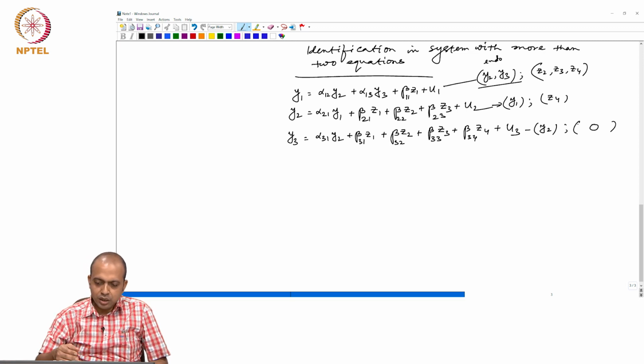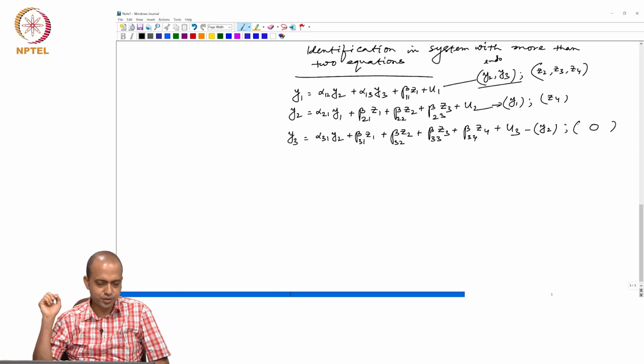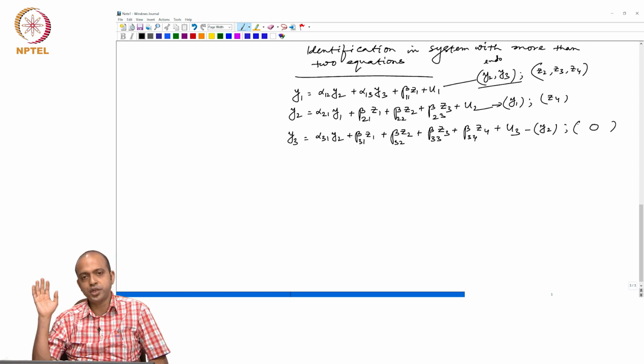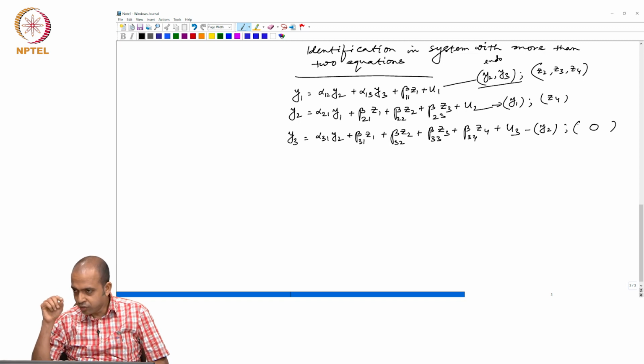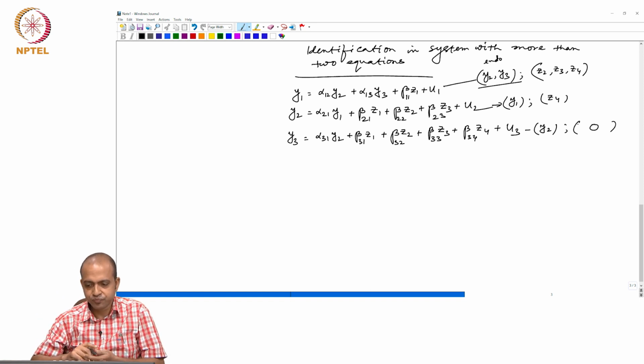But here I have 3 equations, I can look at and compare and check which is identified. In a system, let us say there are 50 such equations. Sometimes you may have to work with 50 equations, and it is very difficult in a system of 50 equations to see, for a particular equation, which endogenous variables are excluded, which are included, so many things.